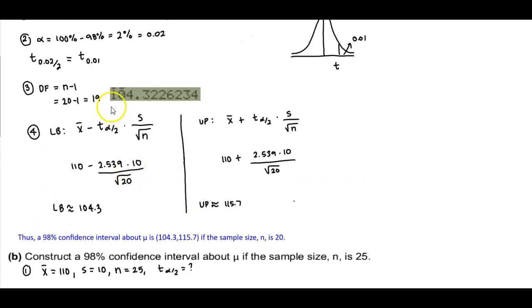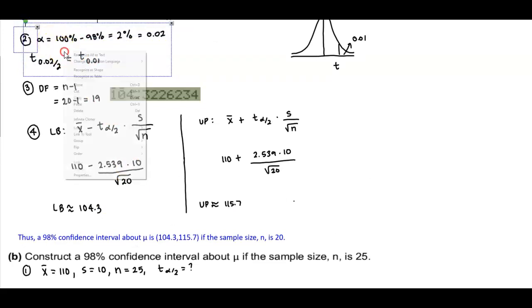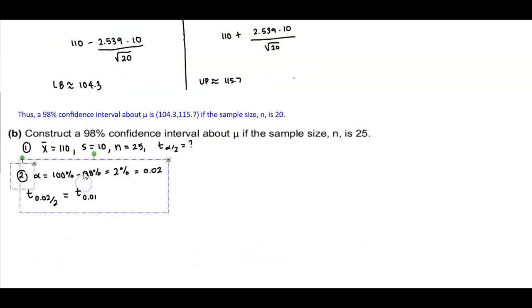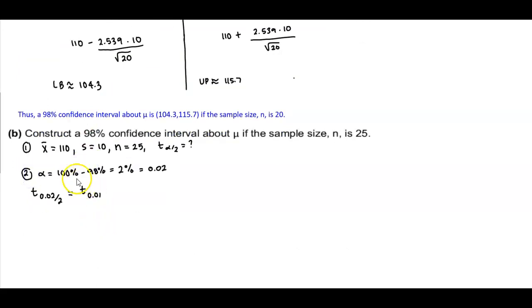Coming back up here, we know this is already given for part 2, because we find 100% minus 98% to get 2%, which is converted to 0.02. And we have 0.02 divided by 2, where we find the area to the right of 0.01. So that remains the same.